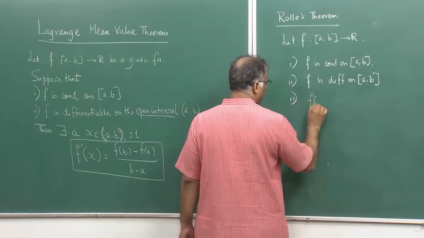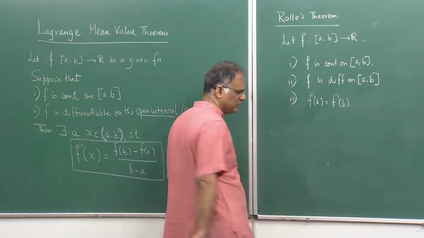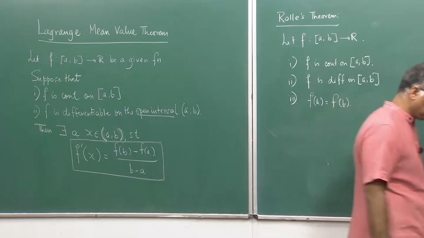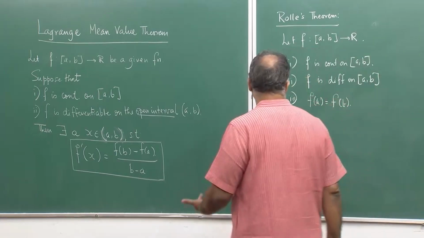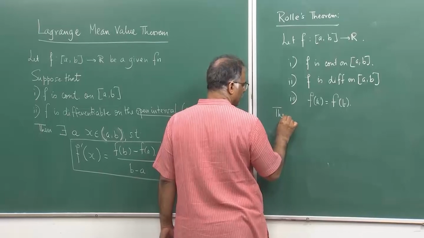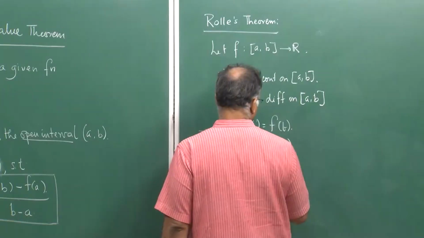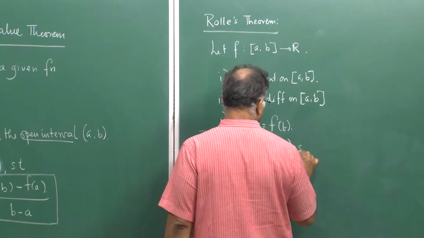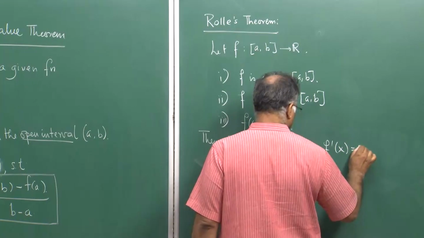It says that f(A) must be equal to f(B). If these three conditions are satisfied, then there exists x in AB such that f dash of x is equal to 0.